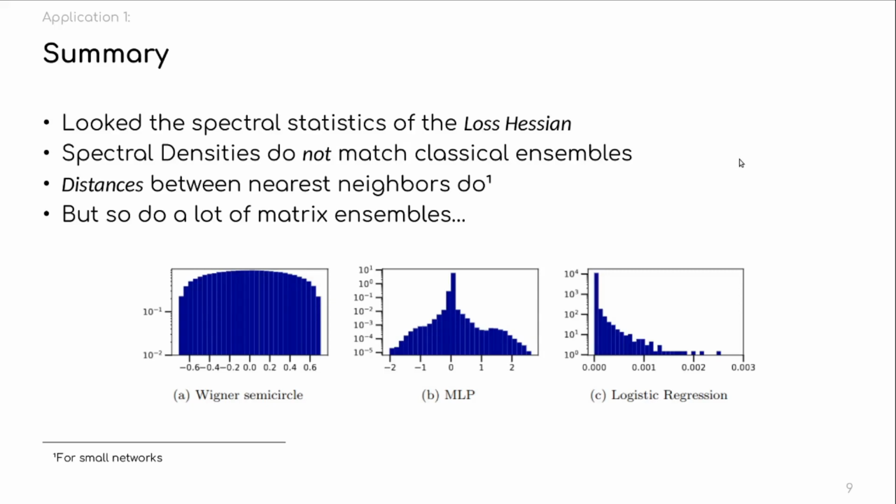And they mention existing results that the spectral density of the Hessian does not match the classical ensembles. So it's not a Wishart, it's not a Wigner matrix, it's not anything really well understood.